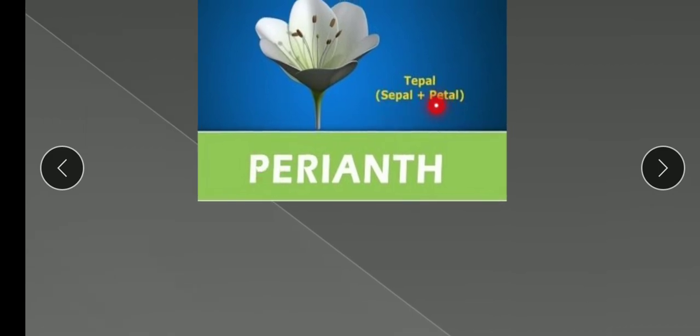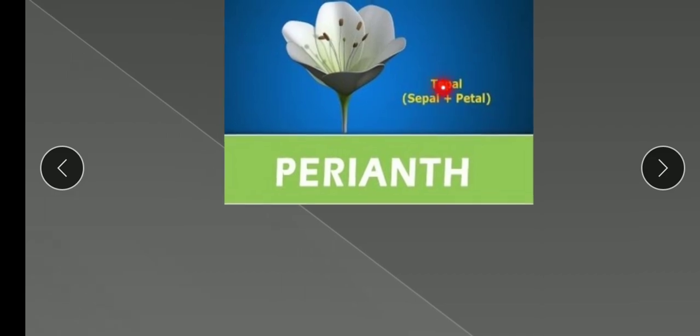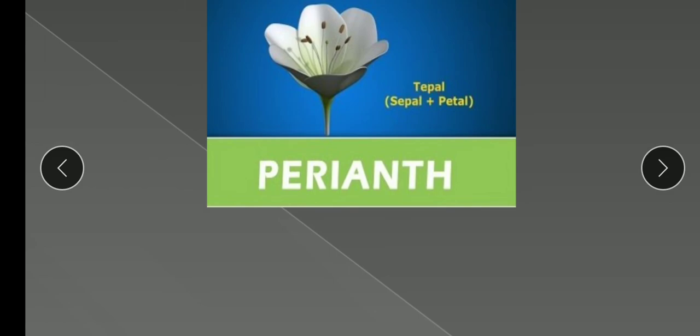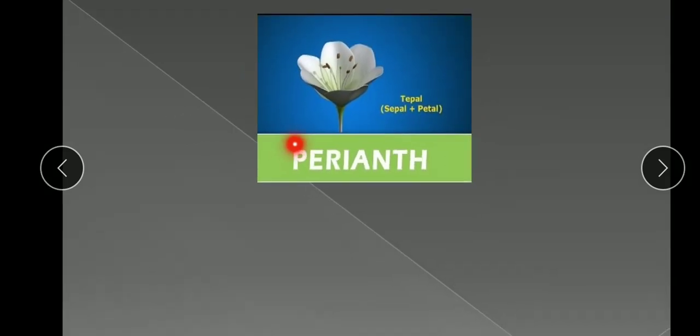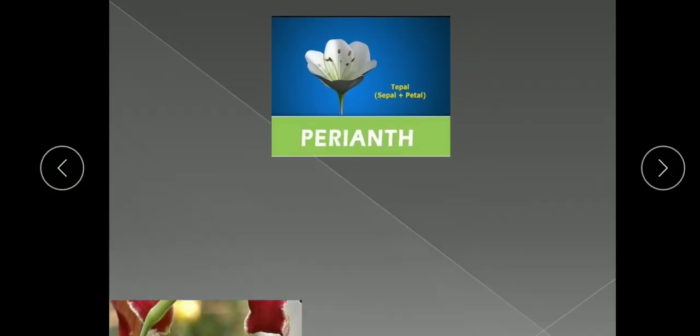Here sepals and petals together are not very clearly differentiated. In this case, the term given is tepal. An individual member of this perianth is known as the tepal.